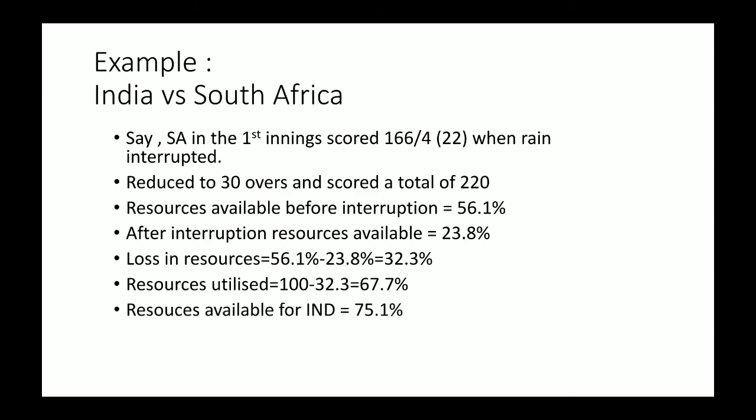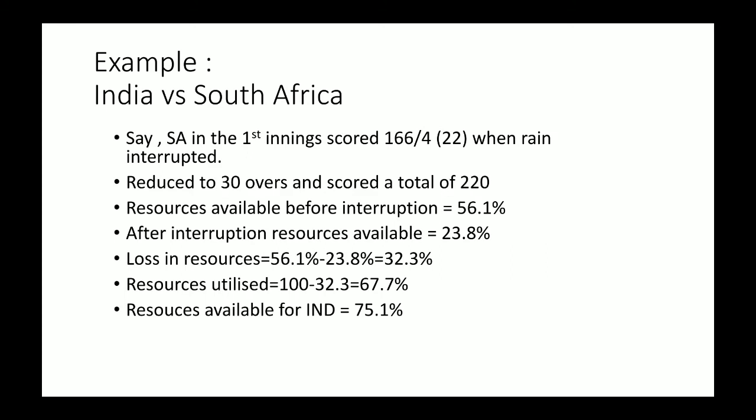Now when India comes to bat in the second innings, India is left with 30 overs and 10 wickets in hand. So we can take these data into consideration and find the total resources available for India. That is 75.1%. All this data is taken from this particular table.